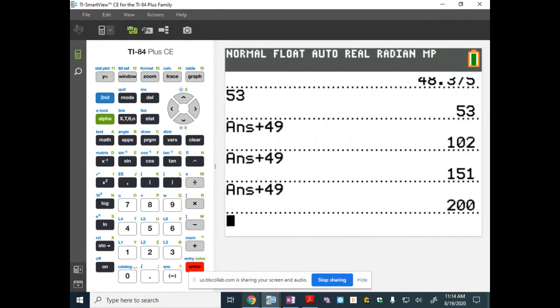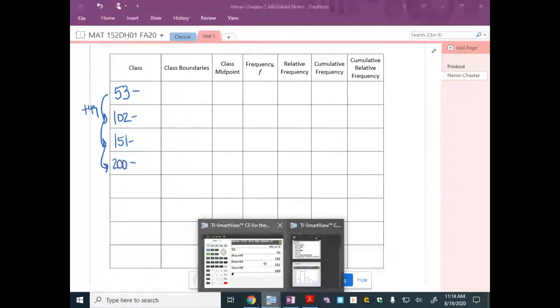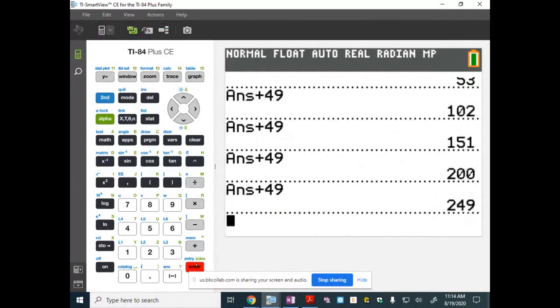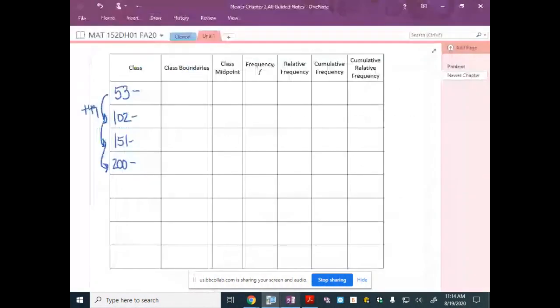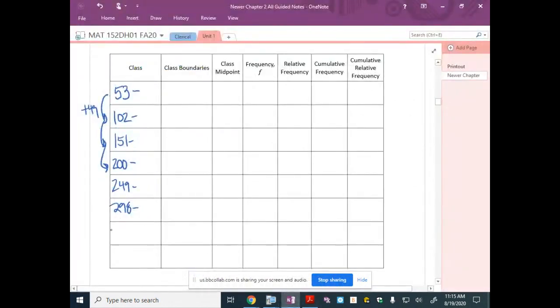So then we have 102, 151, 200, 347 and 396.